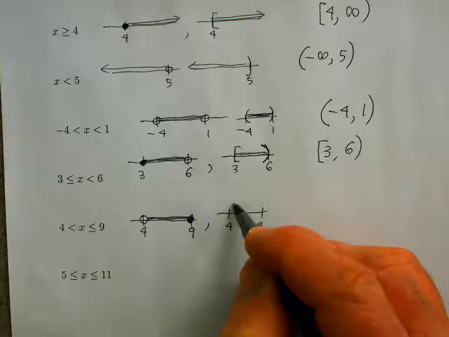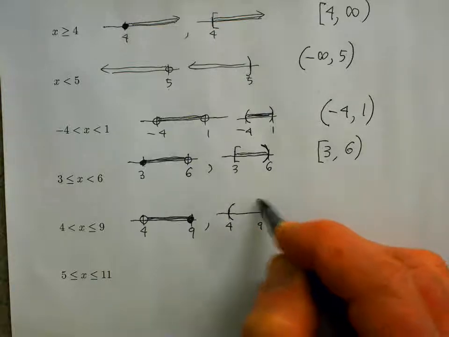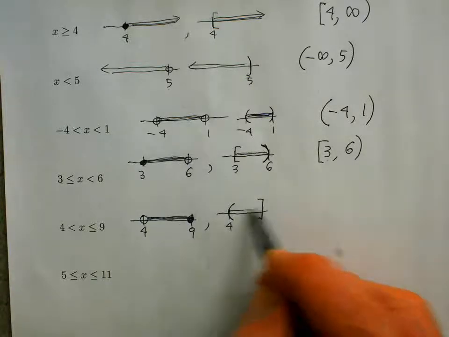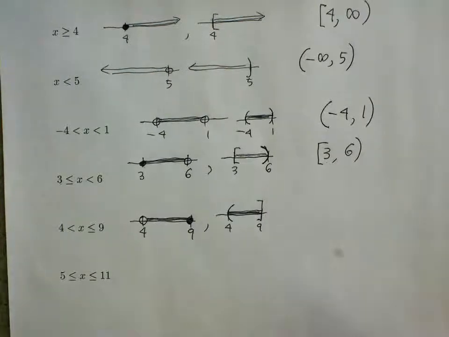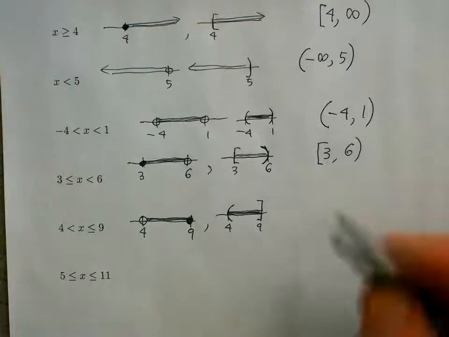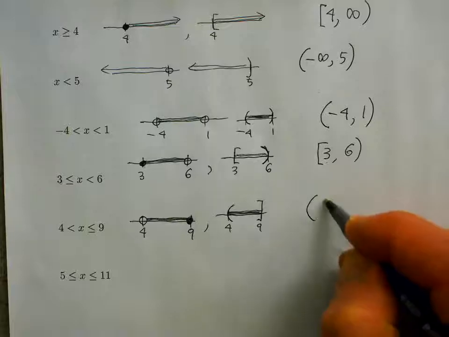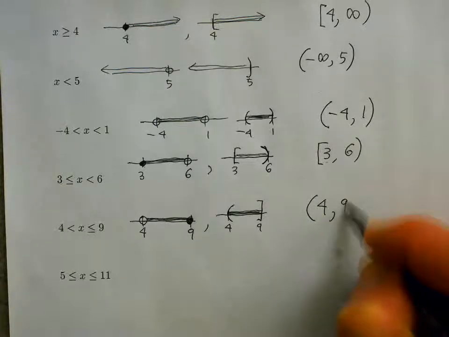We can put a parenthesis at 4 and a bracket at 9 and shade everything in between. One advantage of using parentheses and brackets when you're graphing is that in the interval notation, you're going to use the parentheses and the brackets in the same places, in effect. So the interval notation, we put parenthesis 4, comma 9 bracket.